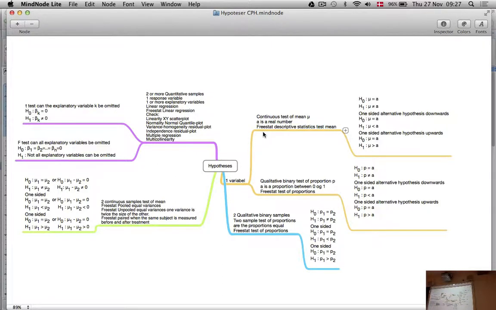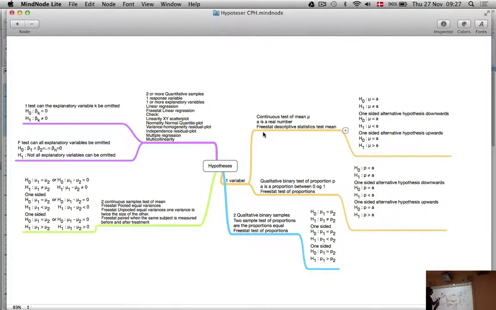And then we have the second assumption here, normality of the residuals, where we look at the normal quantile plot to see if it appears that the residuals stay close to the line.